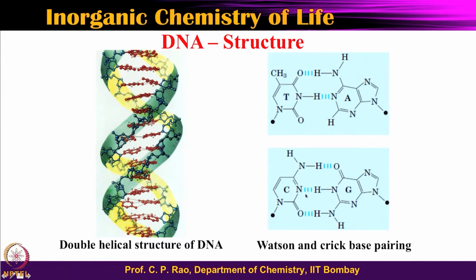Guanine and cytosine are not interacting with just two hydrogen bonds like here, but rather they bind through 3 hydrogen bonds. One is NHO, another is NHN, and another is again NHO. So, you have two strong and one somewhat less strong hydrogen bond, whereas here one strong, one less strong. I am not saying weak, but somewhat less strong. Overall, the interactions are very good for stabilization.